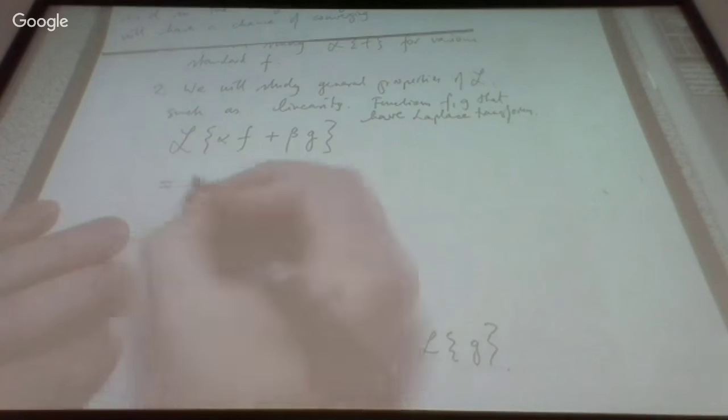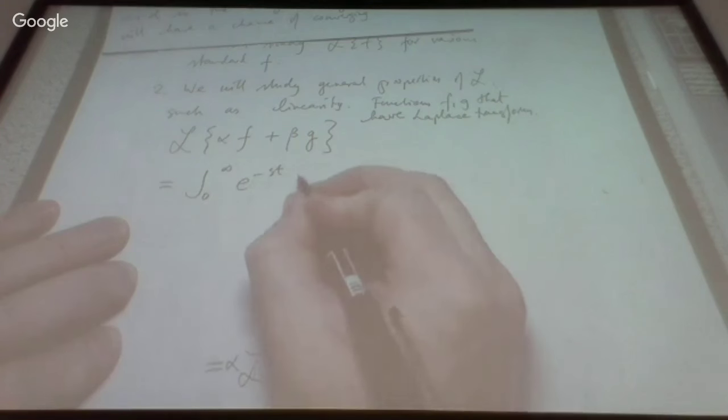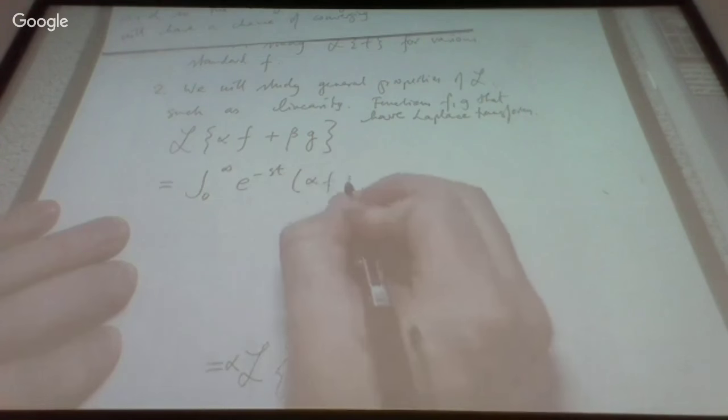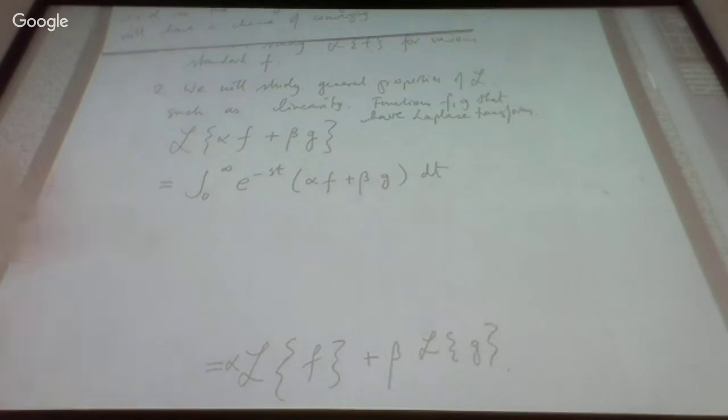And this really is not hard to prove once you make use of the linear behavior of integration itself. Really, it's just a way of saying that integration is a linear operator.